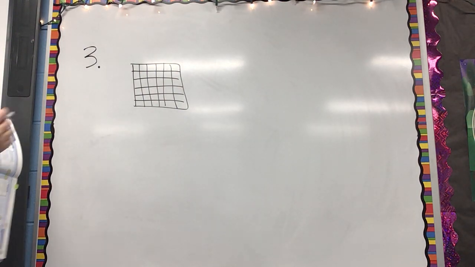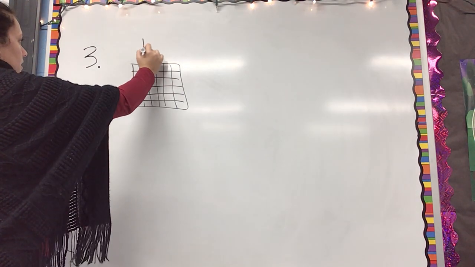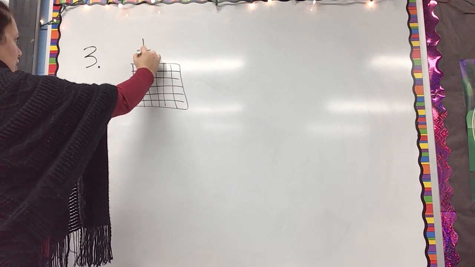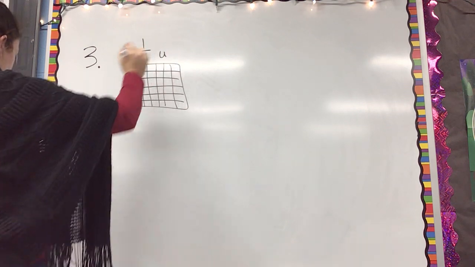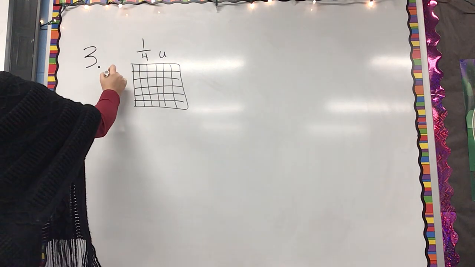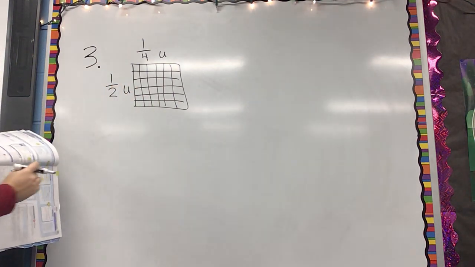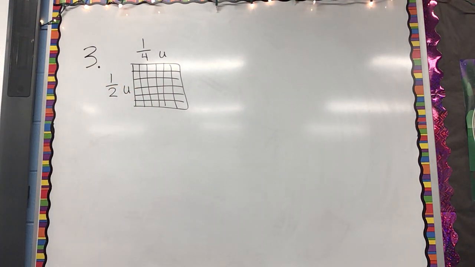Each of these little squares is a unit. And to abbreviate units, you can just write a U. And it gets no period. That's just the proper way. Some get periods, some don't. There's no trick to it. It's just memorizing it. So 1/4 unit and 1/2 unit.